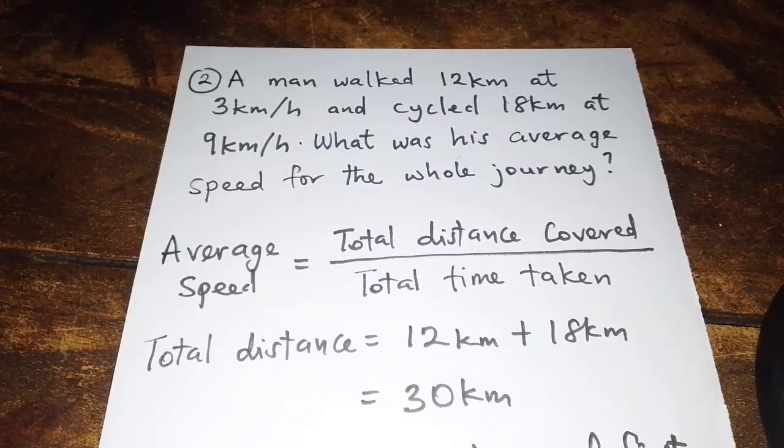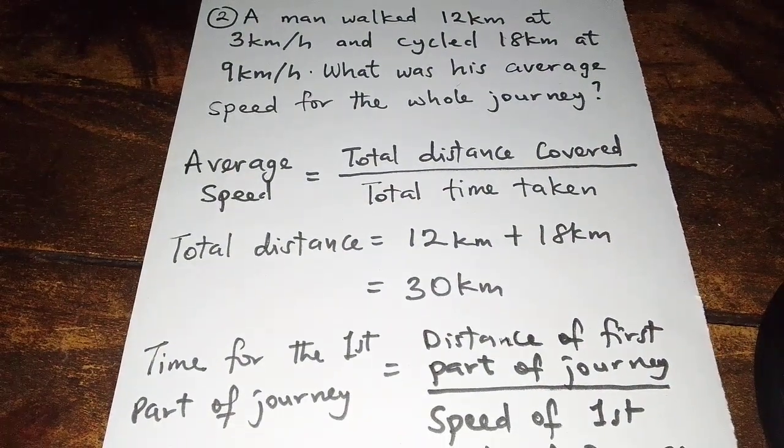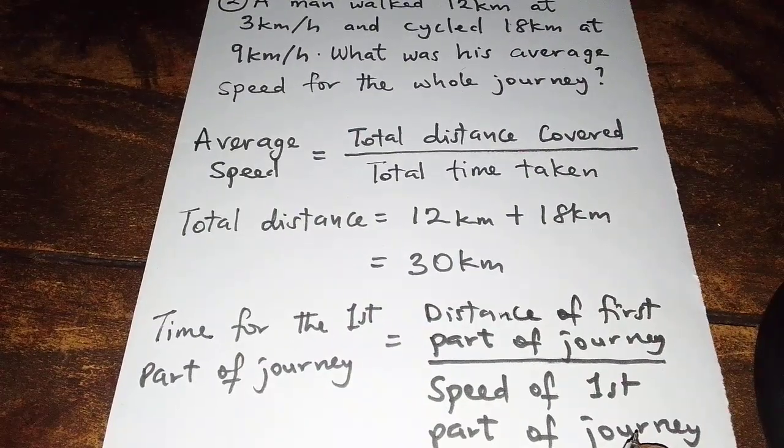For the first part of his journey, we take the distance divided by the speed he used to walk. The man walked a distance of 12 kilometers at 3 kilometers per hour.